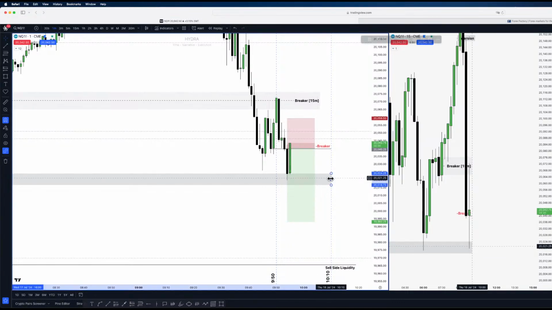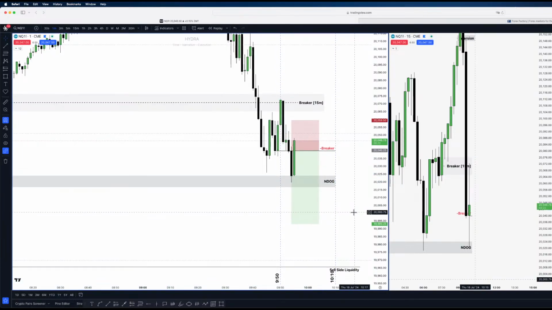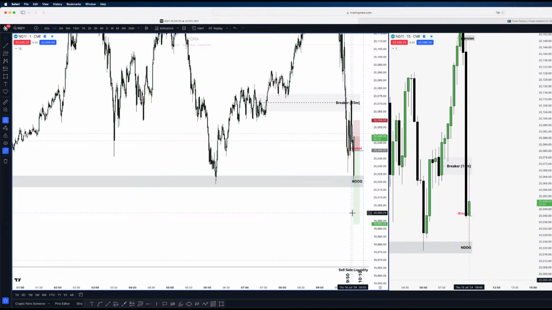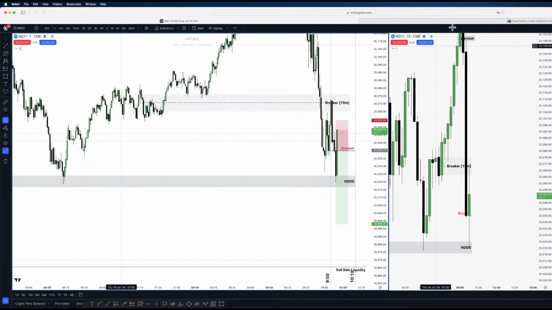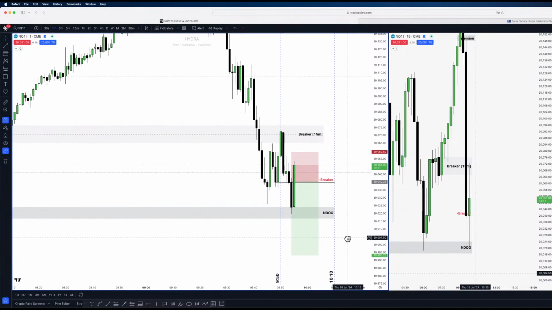As we tapped into this new day opening gap, and we have not... Do we have an SMT, guys? Do you guys see an SMT? If we see an SMT, I think I'll have it long here.